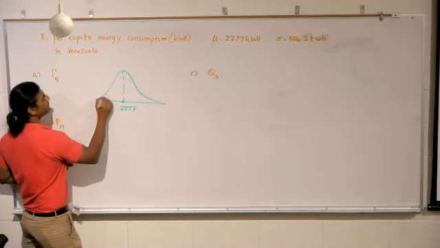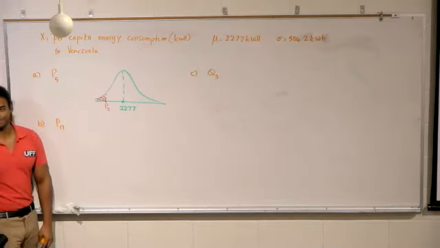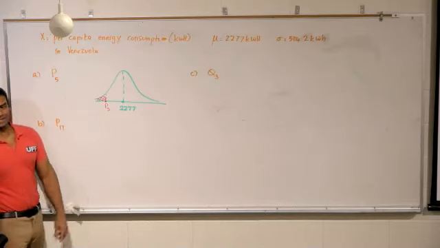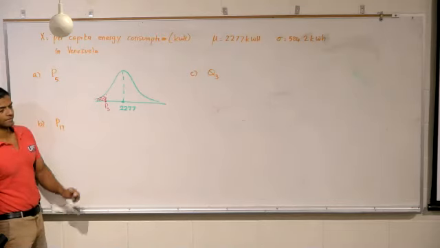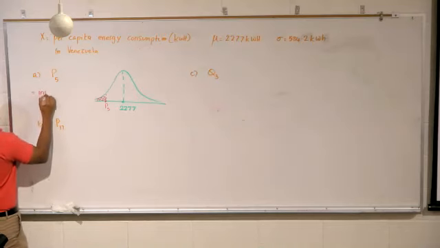So even before you start the problem, could the answer be 1? No. Could it be 10? No. Negative 24? No. 2,000? No. Could it be 1,000 something? Yes, maybe, right? Below 2,277, 1,000 something is the answer.